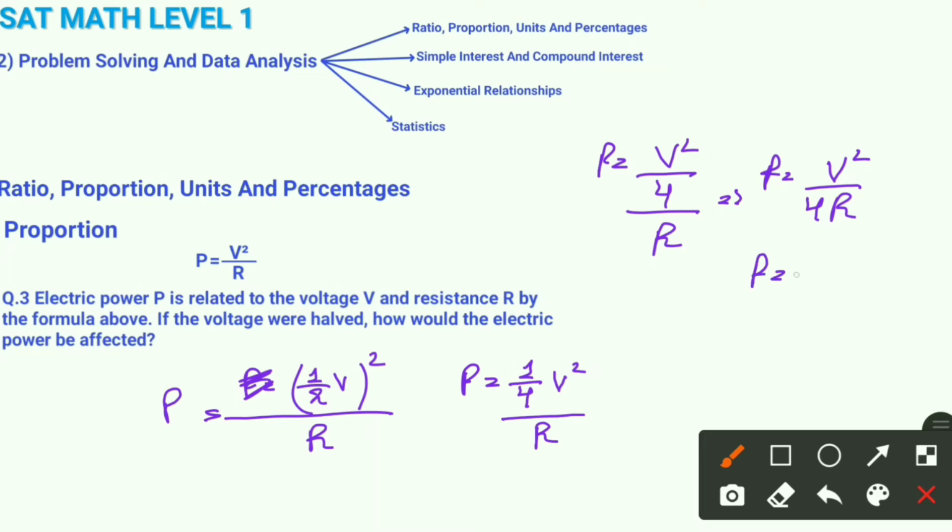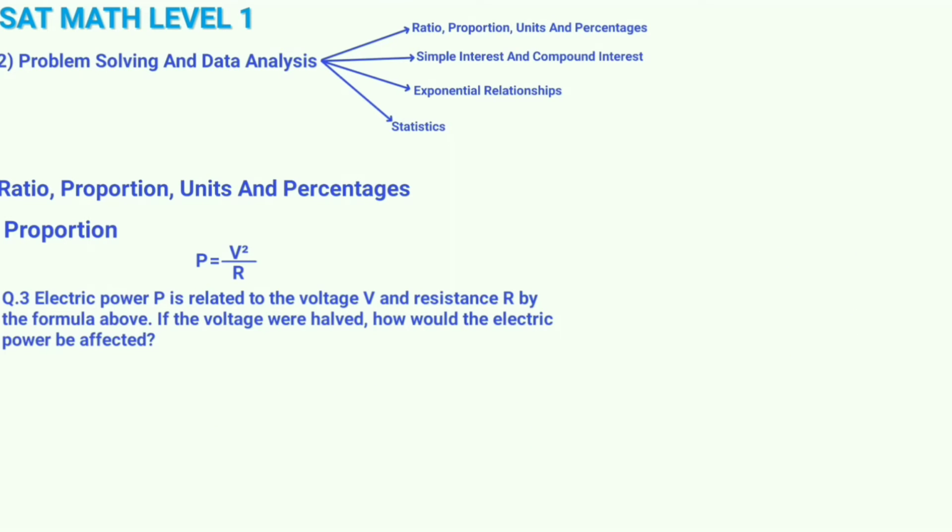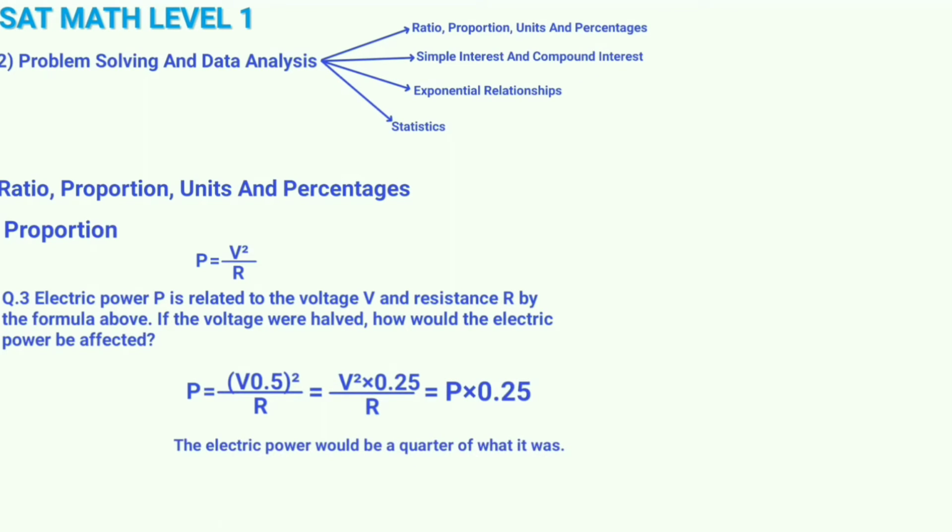So the power will be 1 upon 4 P. The electric power would be a quarter of what it was.